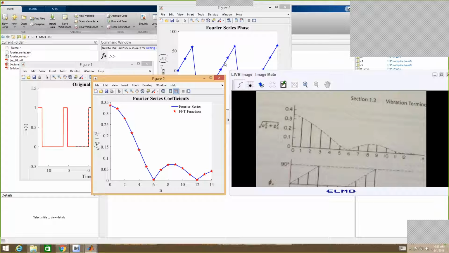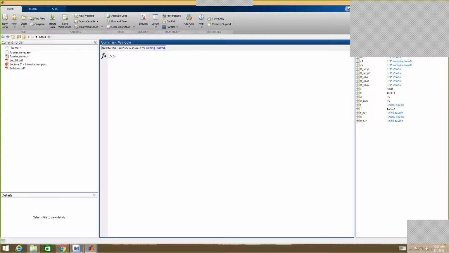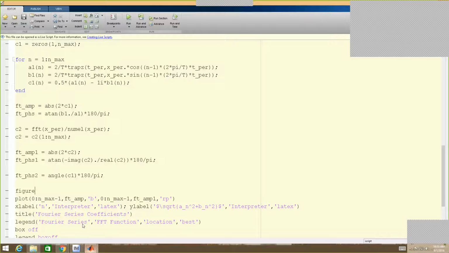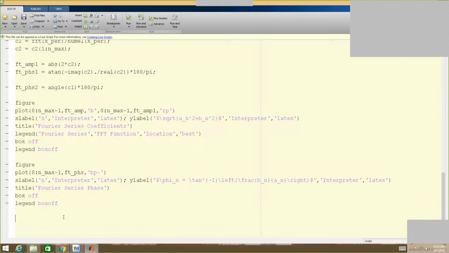Okay, so now let's come back to the original question. Why do we need the Fourier series? So let's try to plot these Fourier coefficients together. I don't think I have the code for that, but we can do it right away now. It shouldn't be a problem.